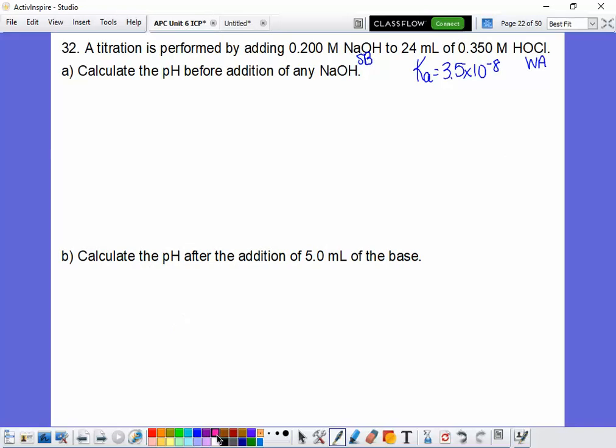We're going to calculate the pH before addition of any NaOH. Before we add any sodium hydroxide, what's the pH of this HOCl? HOCl is a weak acid. So how do we find the pH of a weak acid? A RICE table.